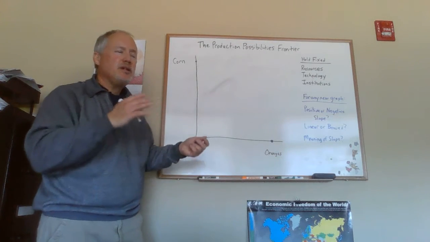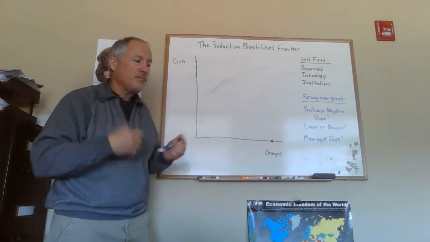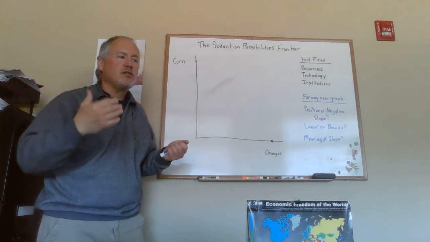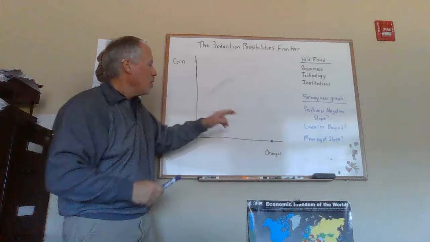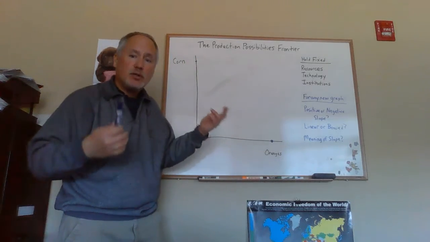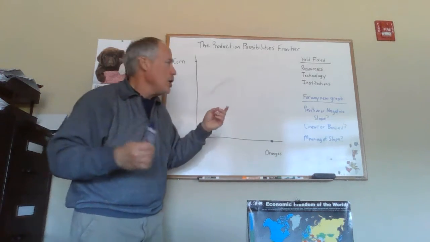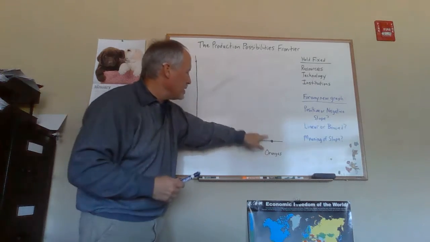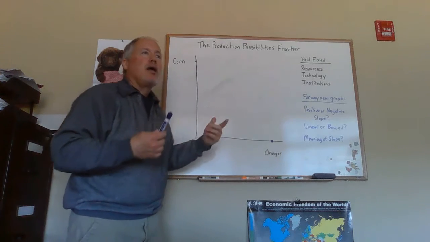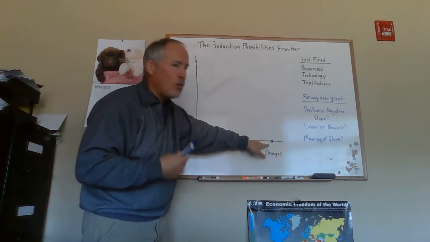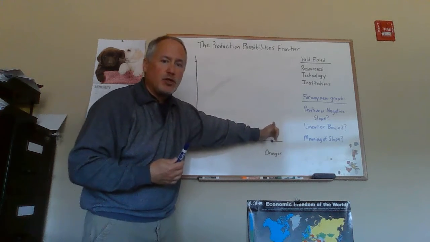Well, remember in chapter 1, we introduced the definition of opportunity cost. Opportunity cost is the value of the next best alternative foregone. In a two-good economy, when we produce oranges, the opportunity cost of the oranges would be the corn that we don't get to produce. So when we compare these 2 points, all corn, no oranges, all oranges, no corn, if we wanted to switch from having corn to having oranges, we would give up the corn and we'd get oranges in return.